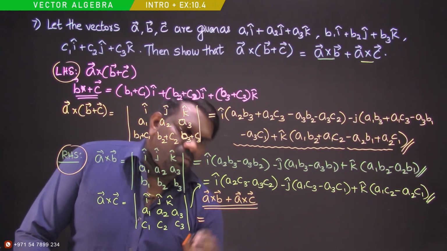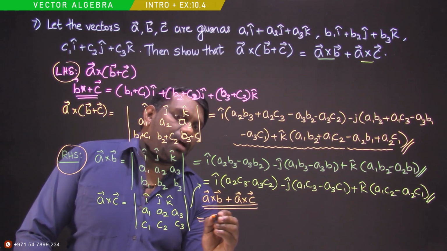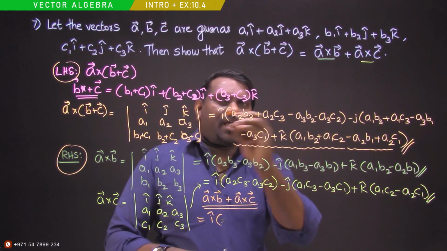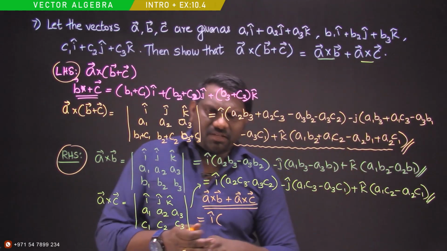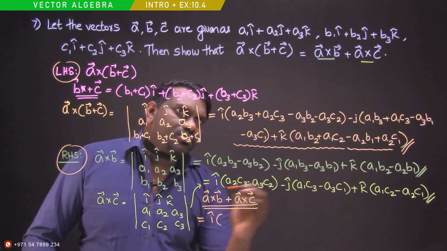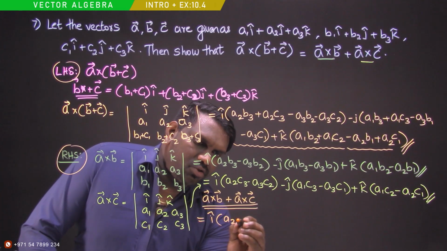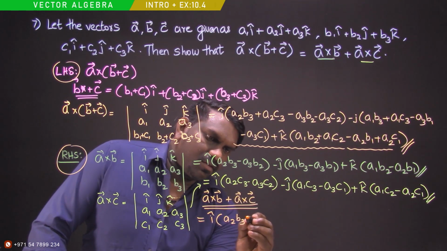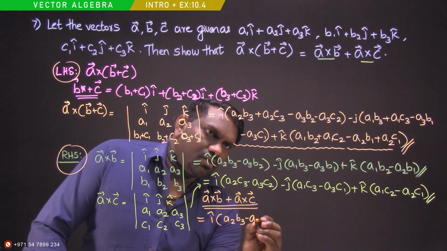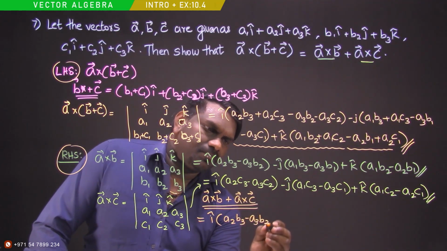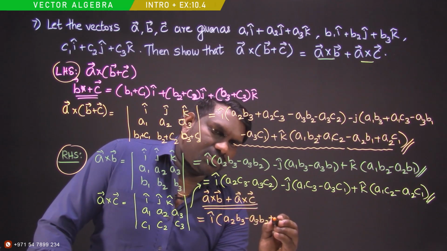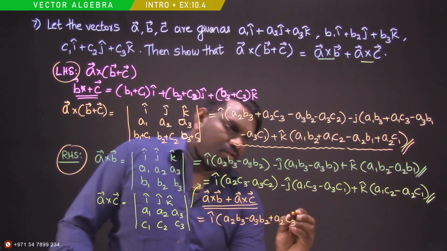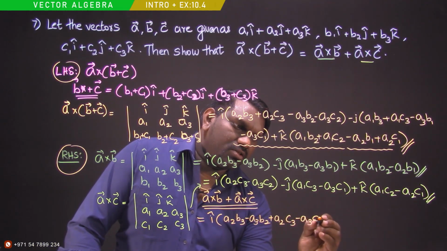Okay, let's see. Adding these two. I cap is there. Let it be that way, no problem. I don't need to write it again. It's the same thing, right? So I cap into adding all these together: A2 B3 minus A3 B2 plus A2 C3 minus A3 C2.